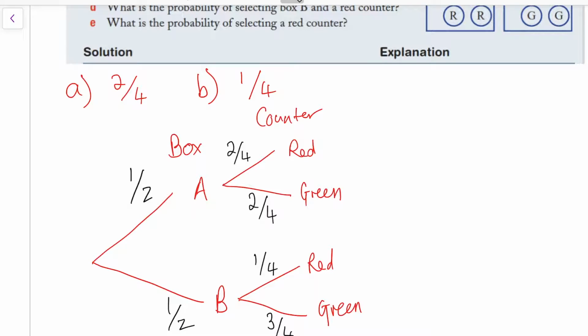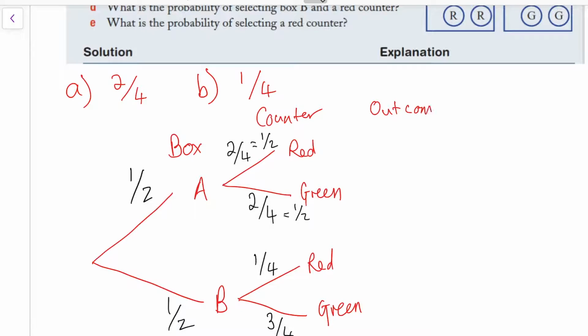Now, just to make your life a little bit easier when you are doing your probabilities, if you don't simplify, that's okay. You still get the right answer. But it's not a bad idea to think about simplifying these to make it a little bit easier. All right. So then we're going to list our outcomes. Once we've got our box and counter, and that's our tree diagram, we now list our outcomes.